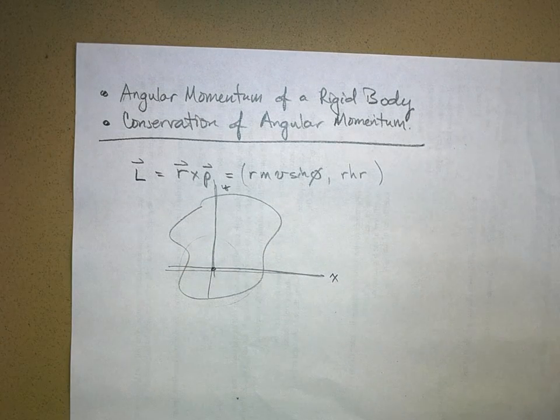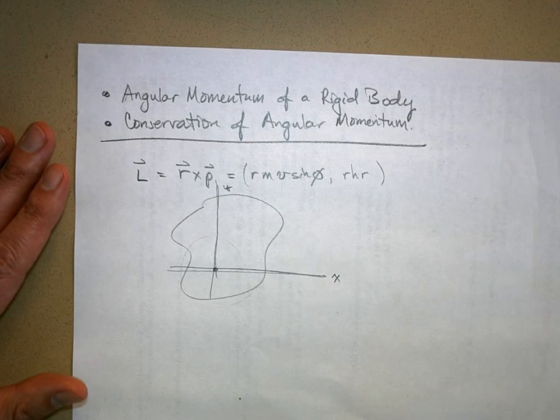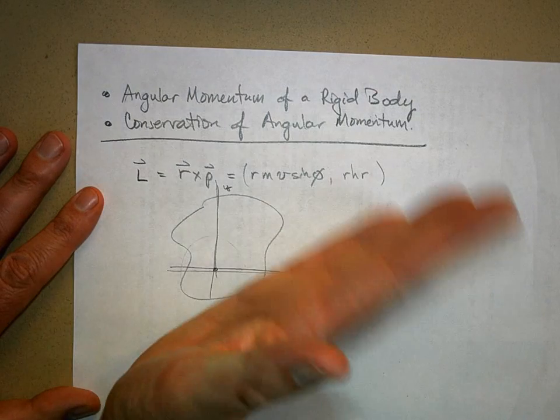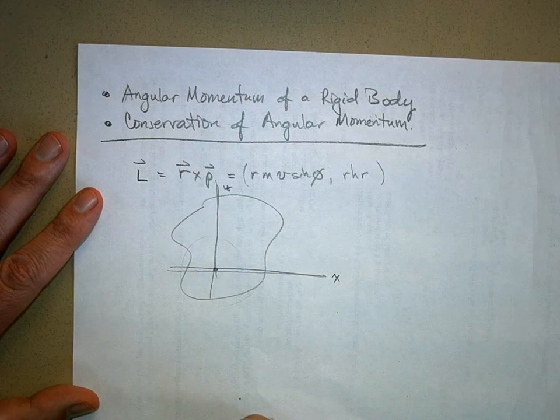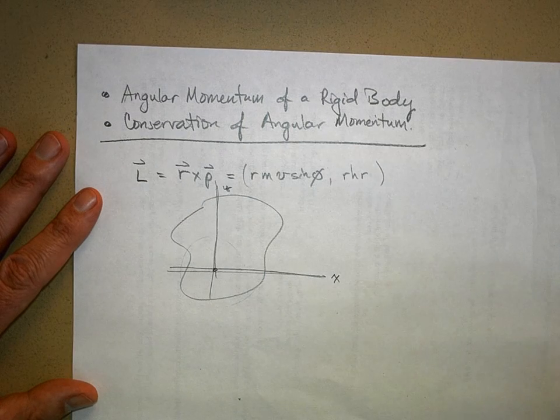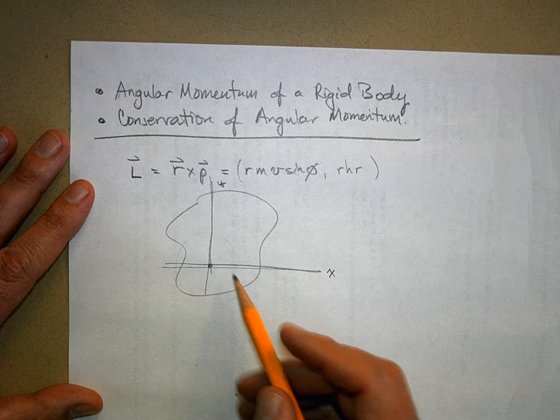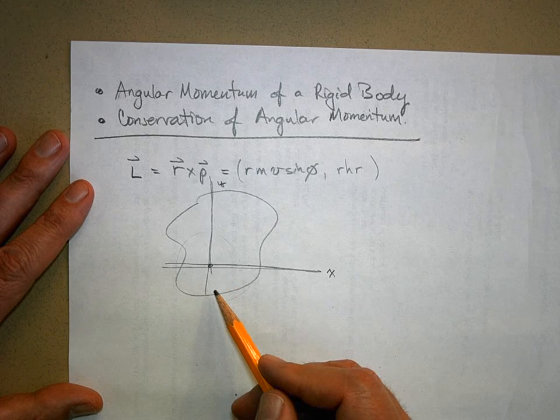By the way, the direction of the z-axis is defined by the cross product x cross y. You get z. That's called the right-handed axis system. Okay, so the z-axis is coming out at us.